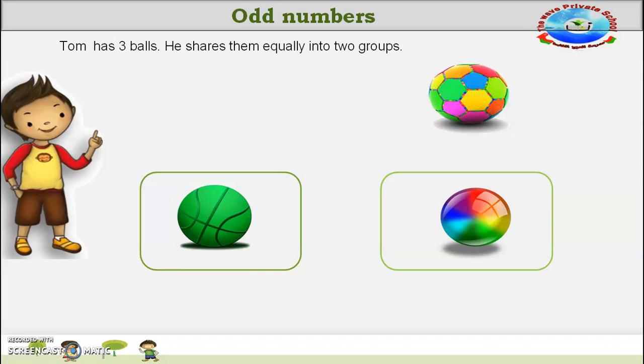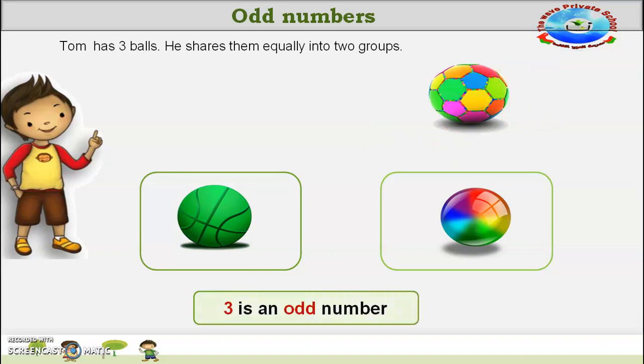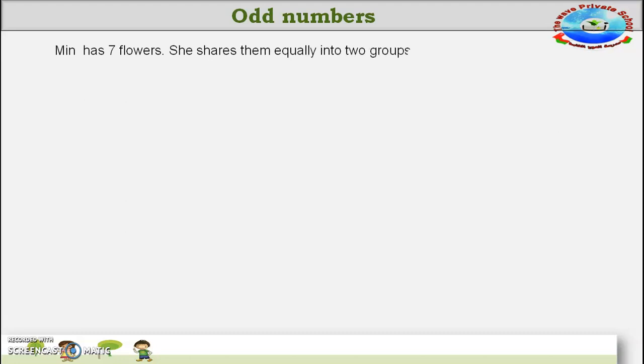Since there is one ball left over, we say that, yes, how many balls does Tom have? 3. So we can say that 3 is an odd number. Now, see the statement.